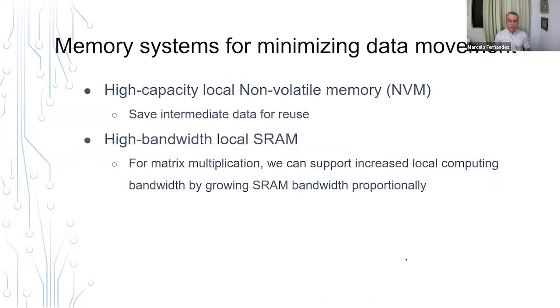And we have NVM memories and 3D memories, where you can associate the memory and the processors in the same structure, and you can reduce the data movement between processor and memory. And of course, you can use high bandwidth local SRAM to reduce this data movement.